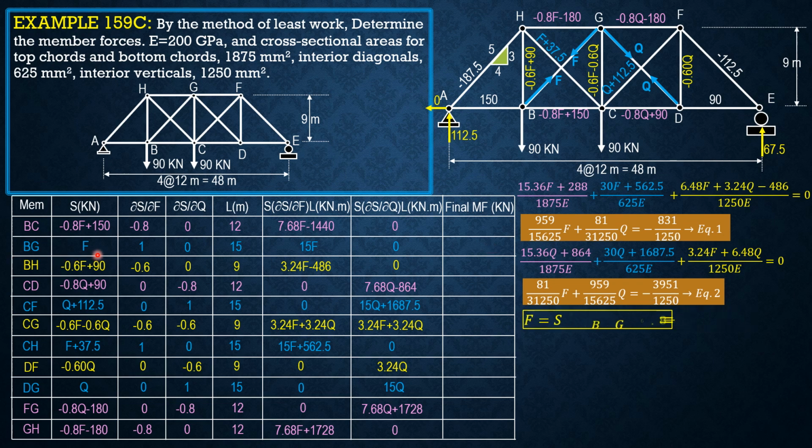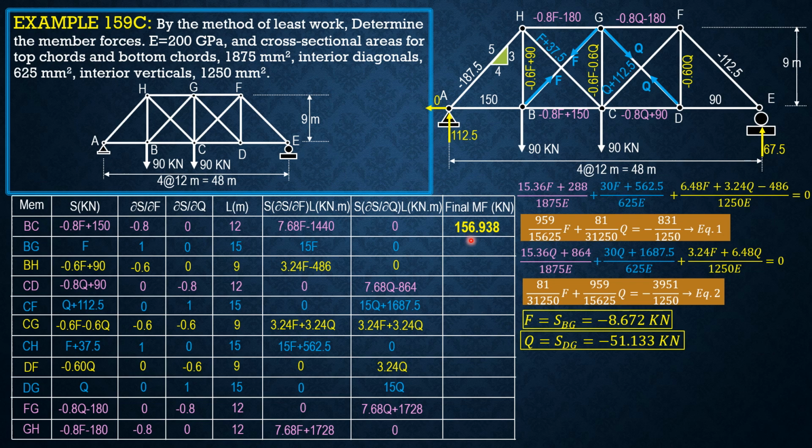For BG, it is F, and it is negative 8.672. For BH, negative 0.6F plus 90, negative 0.6 of negative 8.672 plus 90, so 95.203, and so on and so forth.